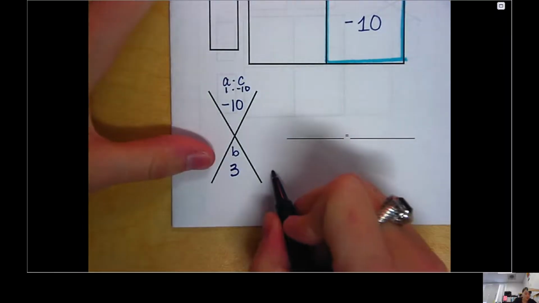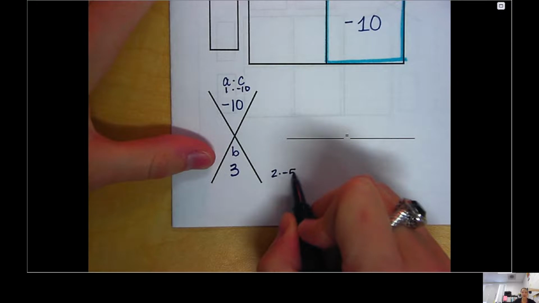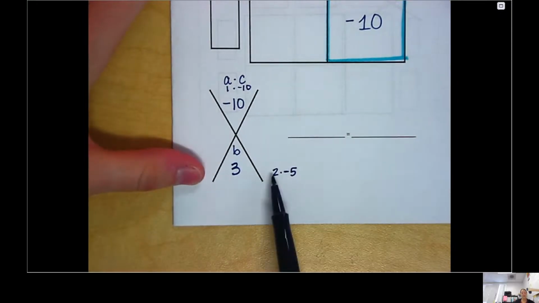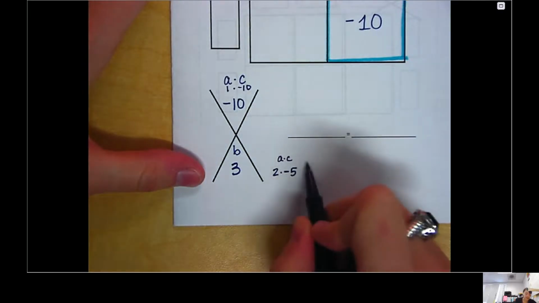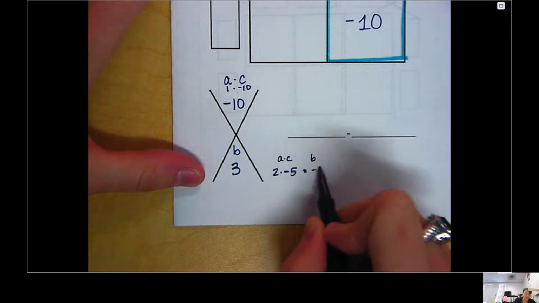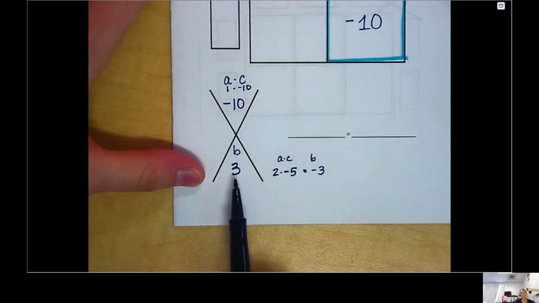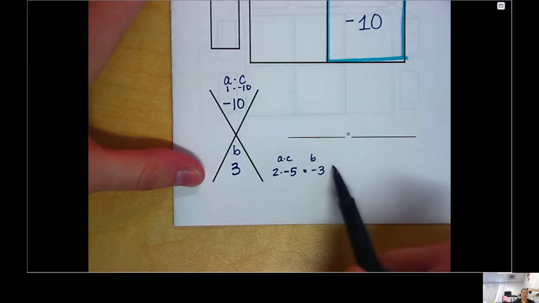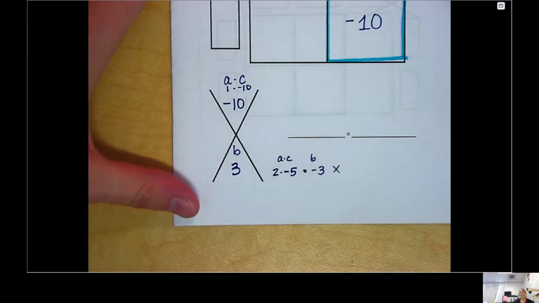2 and -5. Good. Now, if you were to add 2 and -5, what do you get? If you were to add those two together, you would get -3. Okay, is that what I'm looking for? No, so that's not right. So let's try another one.